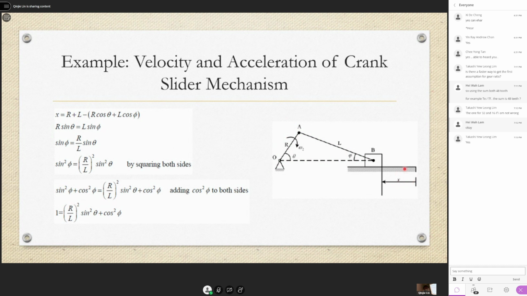So what is this X? It's the whole thing minus this particular part: R cosine theta plus L cosine phi. R cosine theta is this part.